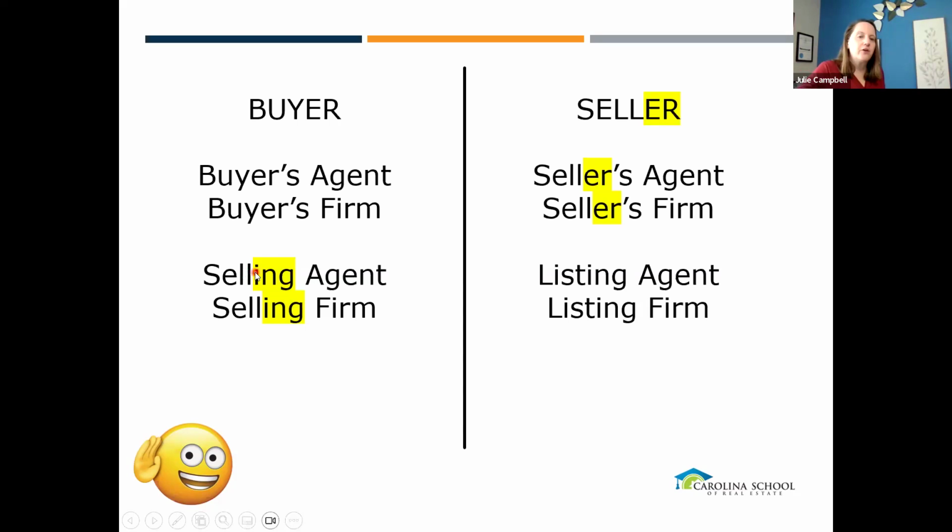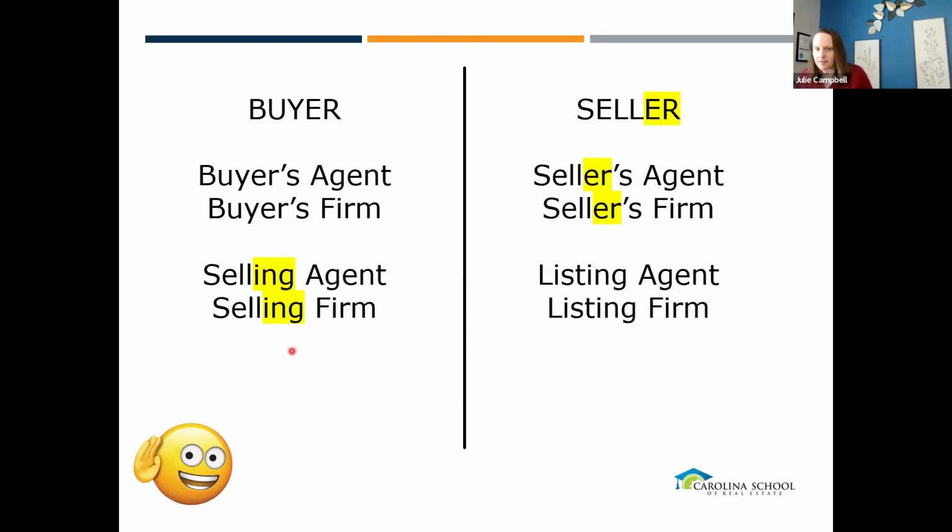May also be referred to as the selling agent and the selling firm. You are selling this property to the buyer. If you're working with the seller, you could be called the seller's agent or the seller's firm. You could also be referred to as the listing agent or the listing firm.